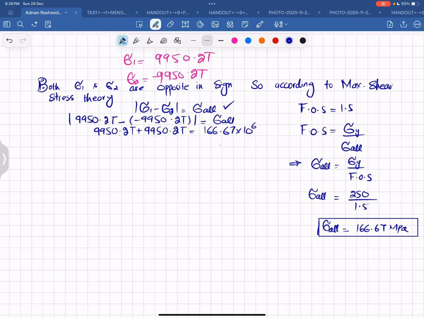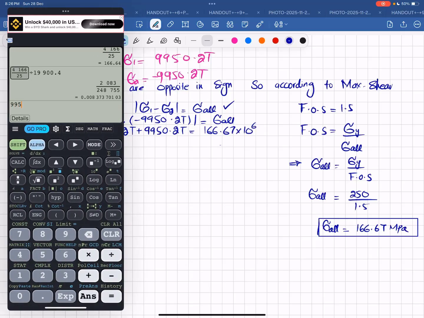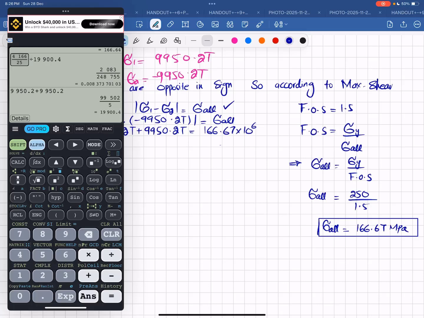9950.2 plus 9950.2 is 19900.4, so 19900.4 t will be equal to 166.67 times 10 raised to power 6.